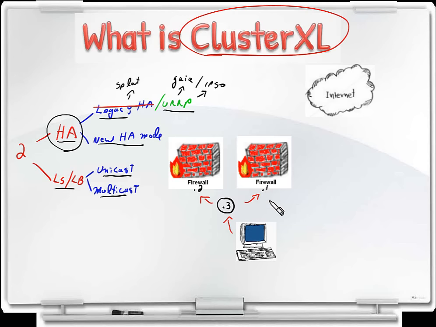If you're using HA, only one machine is going to be active and the other one is going to be standby, so all traffic will be forwarded to the active machine. If you're using the load sharing, load balancing solution, you're going to have two machines in active status, and so traffic will be forwarded to the virtual IP address, and they could potentially be processed by one or more machines in a unicast multicast method.